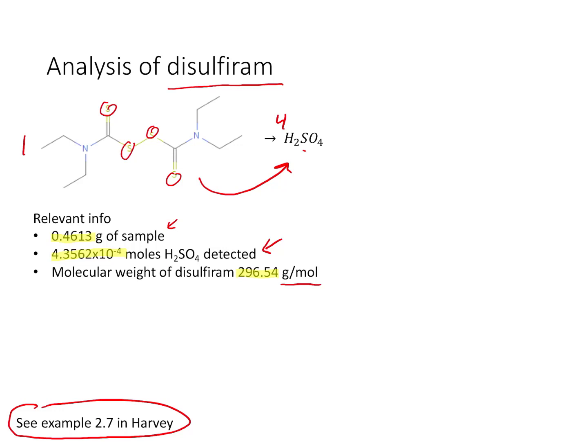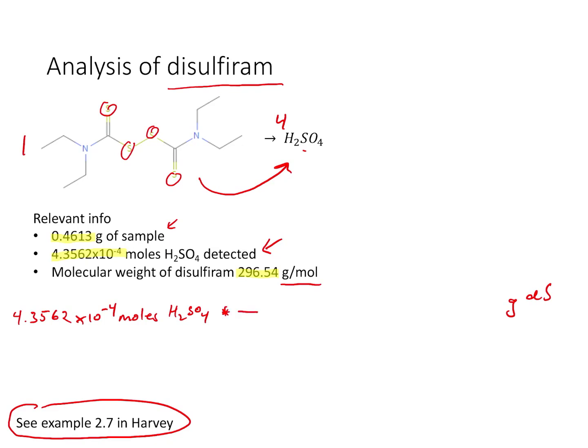So we're going to start with 4.3562 times 10 to the minus 4 moles of H2SO4, and we're going to want to end in grams of disulfiram. I'm going to abbreviate that DS, because we're going to figure out how many grams of disulfiram were in the sample, and then we can take the ratio of those 2 numbers to get our answer.